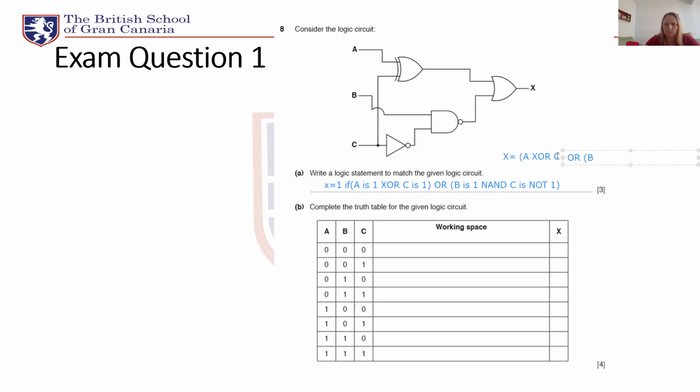I forgot to close the bracket here. It's not letting me do it, I suppose when I click off it, it won't. So B goes into a NAND gate, and then it's joined by a NOT gate within C. So that's a way you can simplify it there.